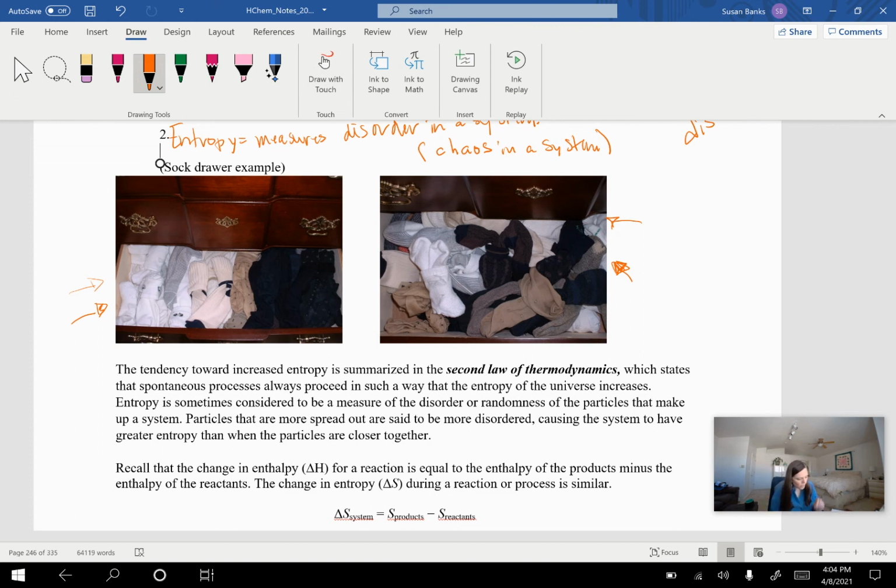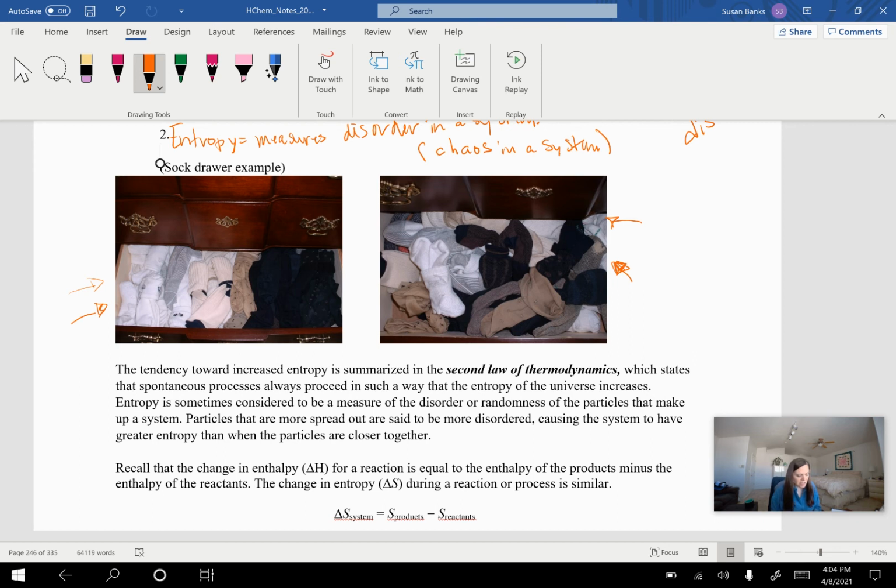Okay? So the tendency towards increased entropy, or chaos, or disorder, is summarized in the second law of thermodynamics, and you'll see that a lot in physics, which states that spontaneous processes always proceed in such a way that the entropy, or the chaos or disorder, of the universe increases. Okay?